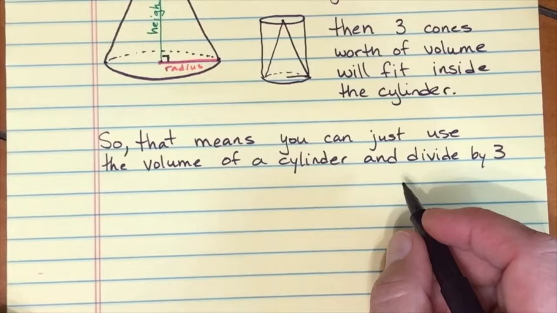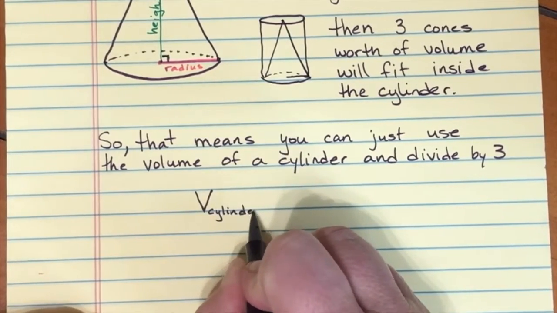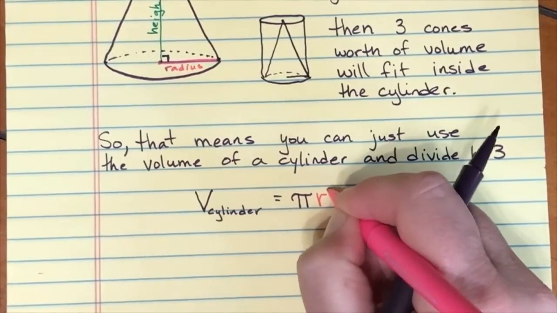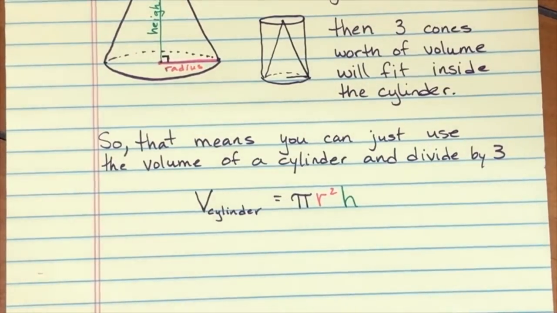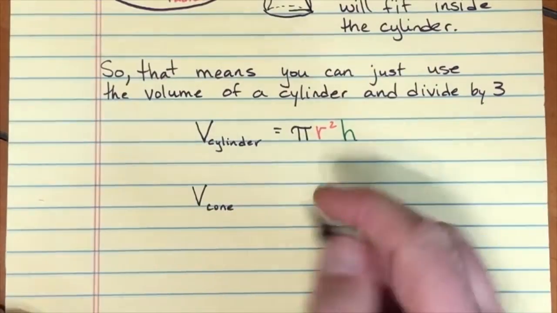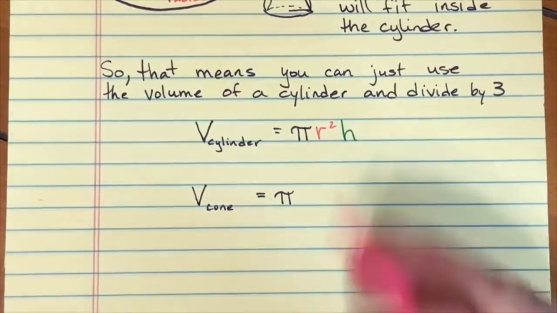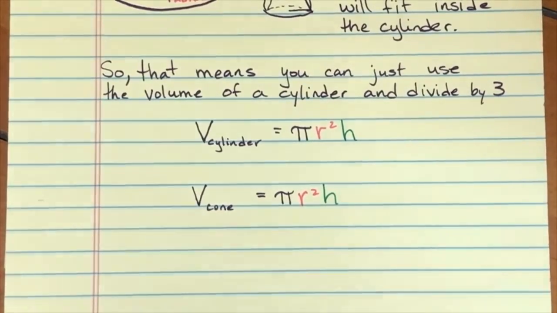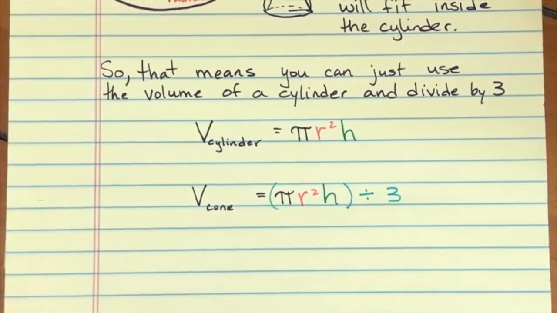So the volume of a cone is just the volume of the cylinder. We write that same thing, pi r squared times h, and we just take that volume and divide it by 3.